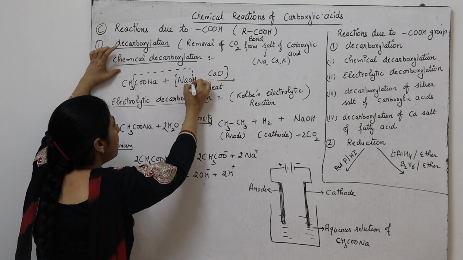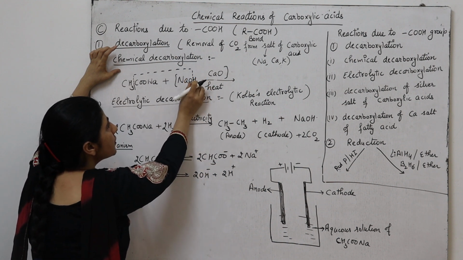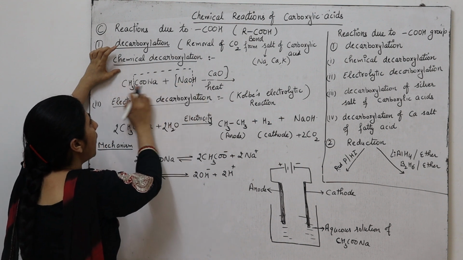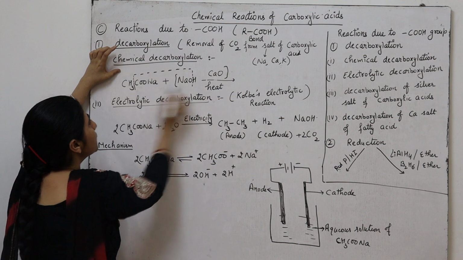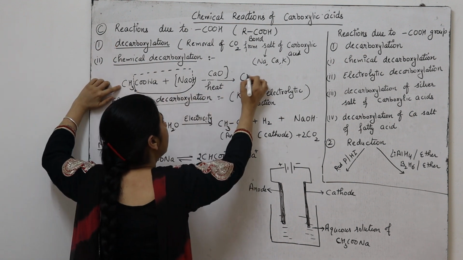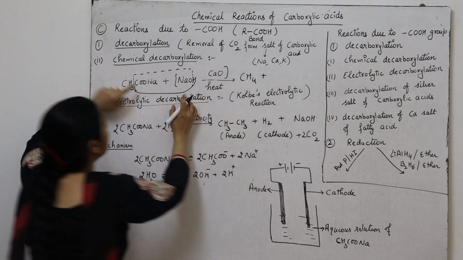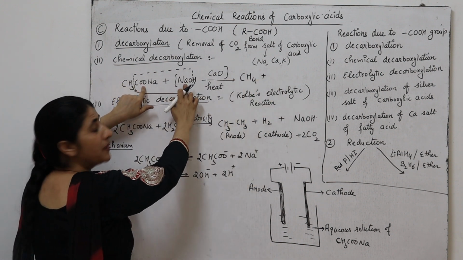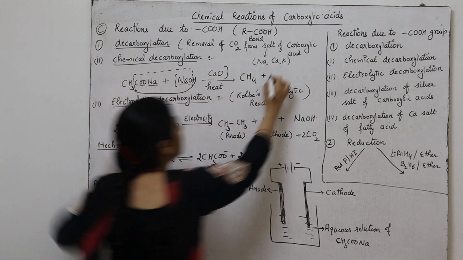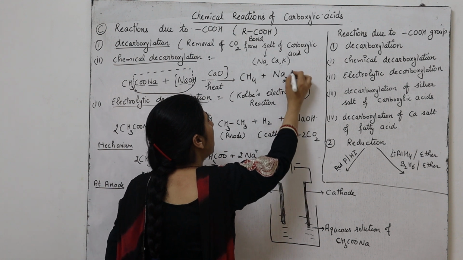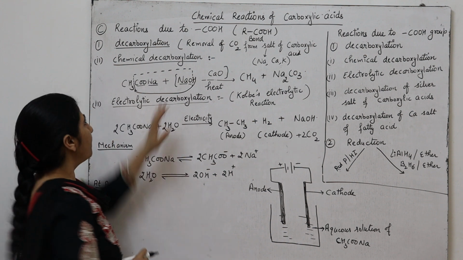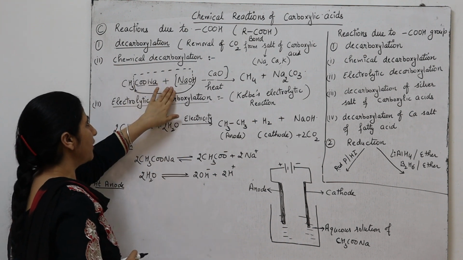There is a breakage of the bond from the OH of sodium hydroxide and the C-C bond in sodium acetate. The H combines with the methyl group to form methane. The remaining groups combine to form sodium carbonate, Na2CO3. So this is chemical decarboxylation.